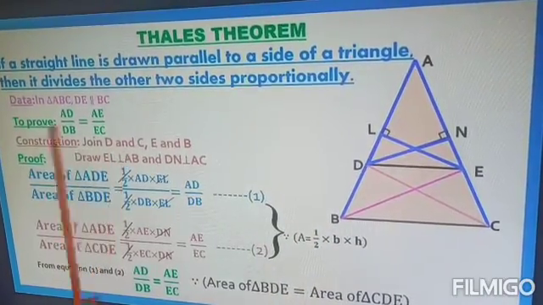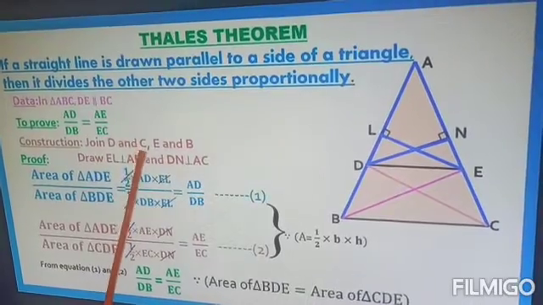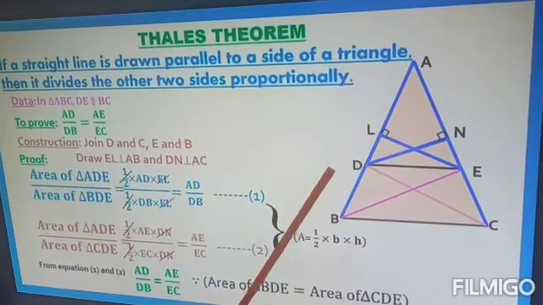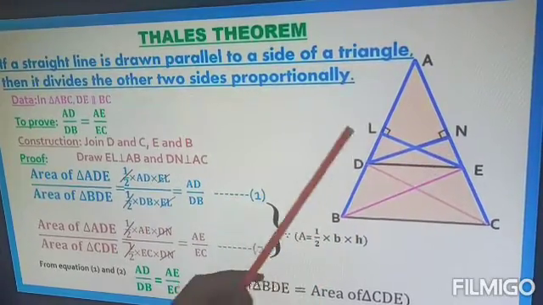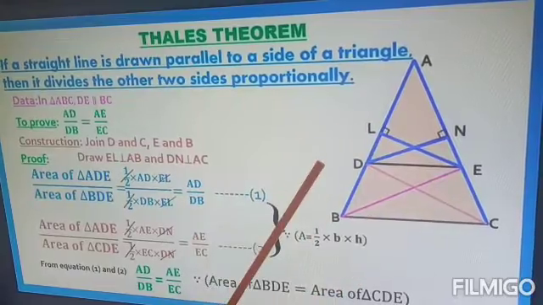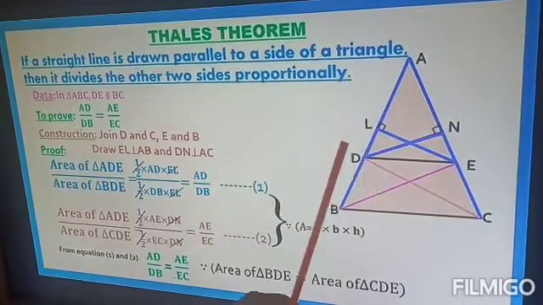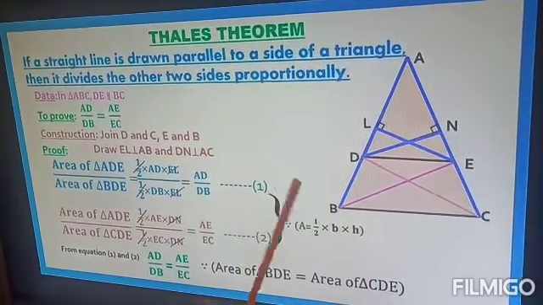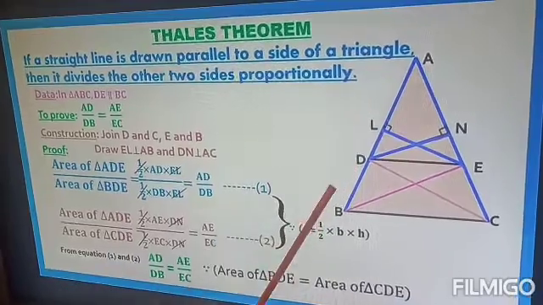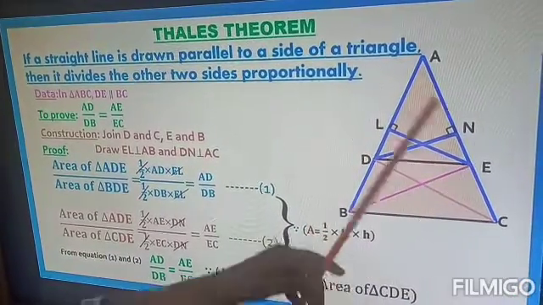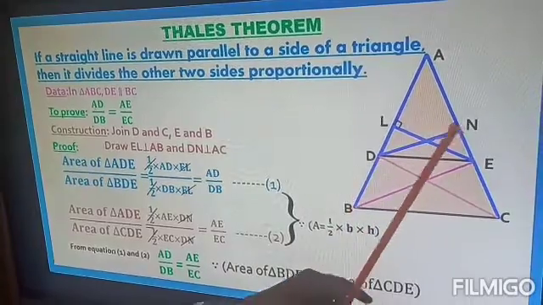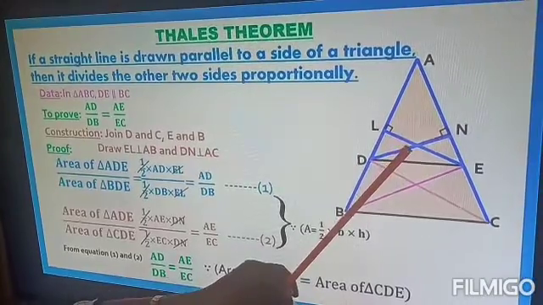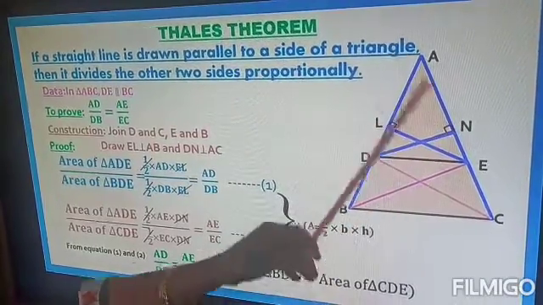Join DC and BE. This is one part. Then another construction is to draw a perpendicular line EL to AB and DN to AC. Okay. From this part, I have to draw two perpendicular lines.